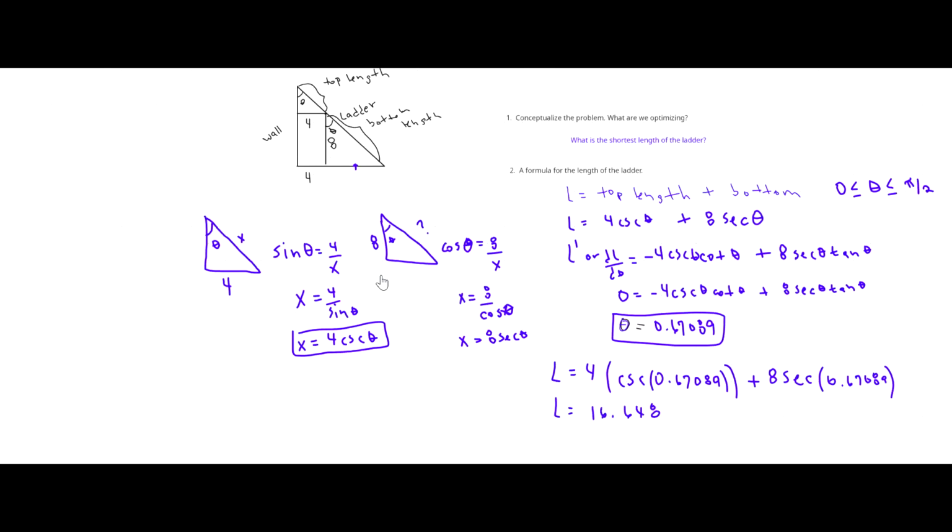Okay, so just to recap again, I know it got a little bit dicey with the trig information. First, you conceptualize the problem. What are we optimizing? Then we give the formula for whatever it is that we are optimizing.